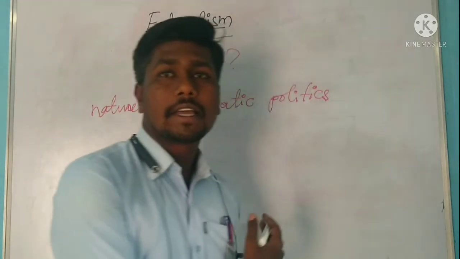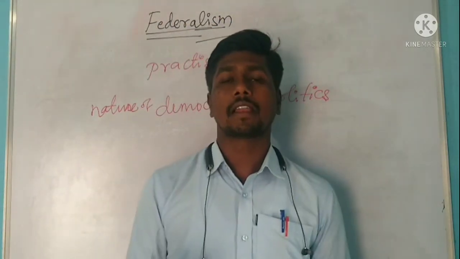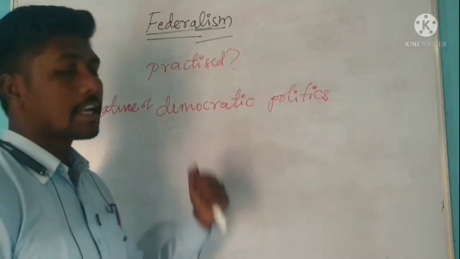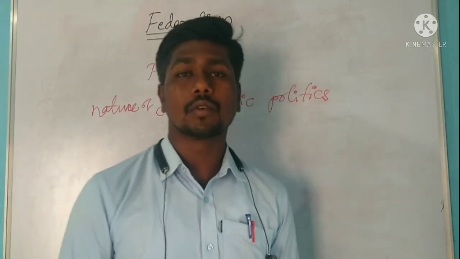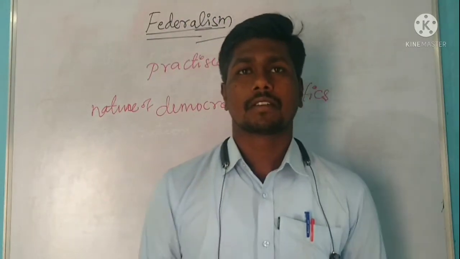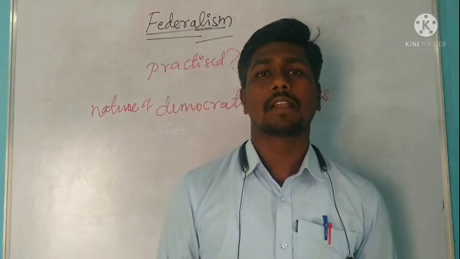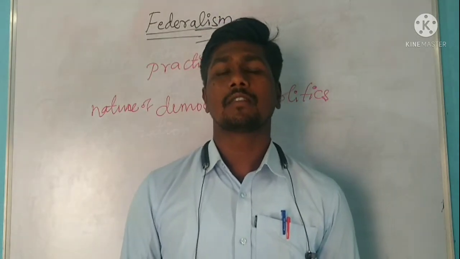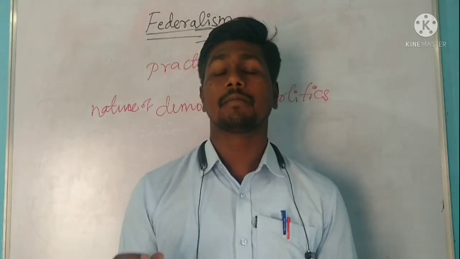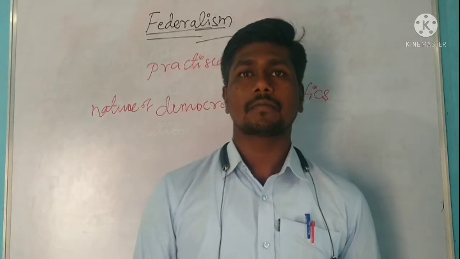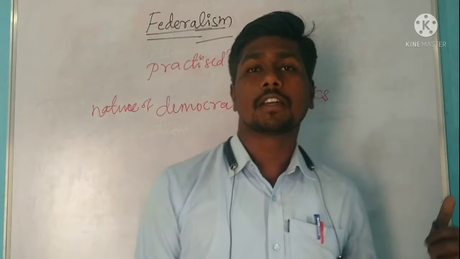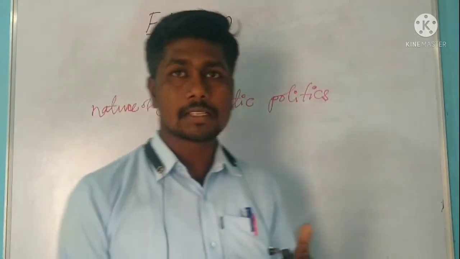And this ensured the spirit of federalism, I mean the true nature of democratic politics ensured the spirit of federalism, as well as respect for diversity and desire for living together became shared ideals in our country. See, first one, spirit of federalism.